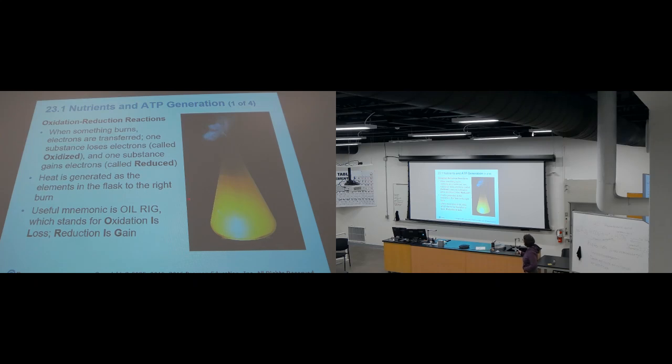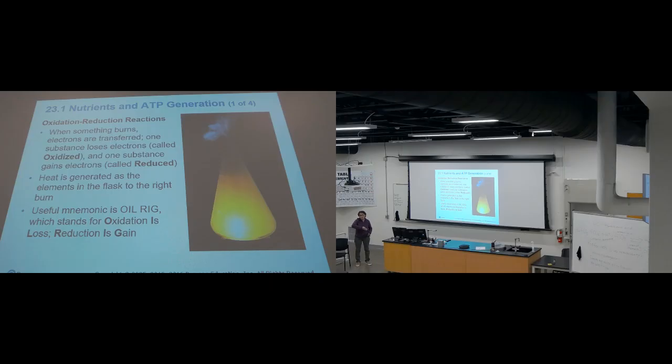An example is when heat is generated as an element in a flask is burned. A mnemonic to know when a molecule is oxidized and when it's reduced is OIL RIG. Oxidation is losing electrons, while reduction is gaining electrons.